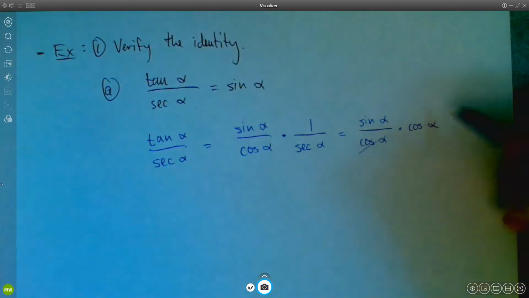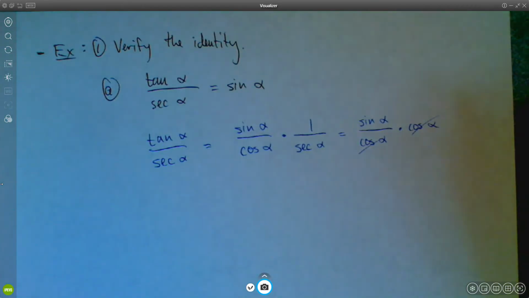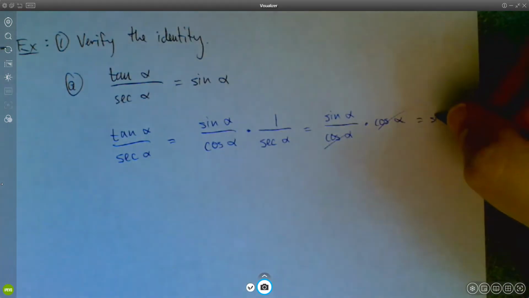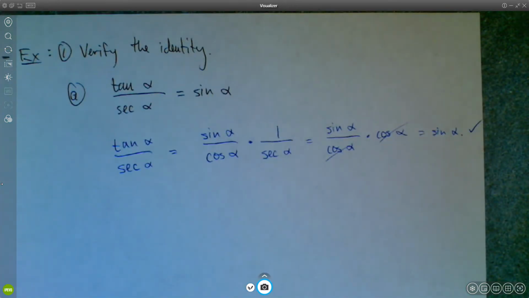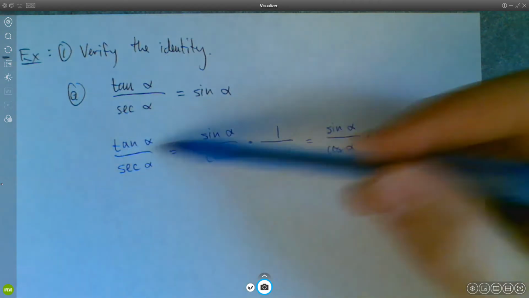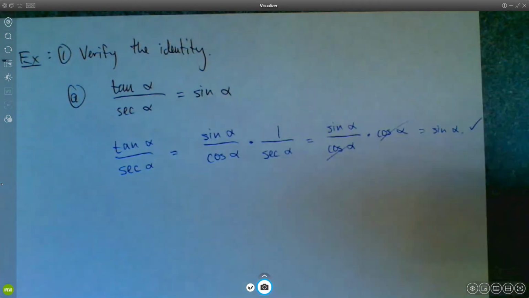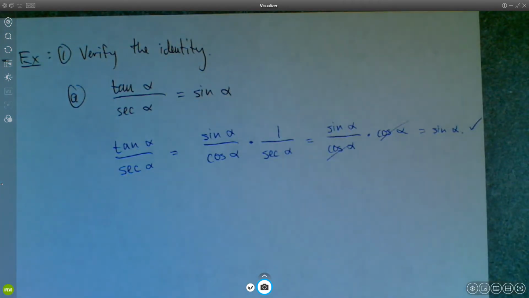And sure enough, the cosine alphas cancel, and we're left with sine alpha, just like we were hoping for. So this is how we verify trig identities. We work on one side until we get it to look like the other side. Or in the case that you have a trig identity with 2 complicated sides, then you might work on both sides and try to meet in the middle somewhere, like we said, but this is the idea.